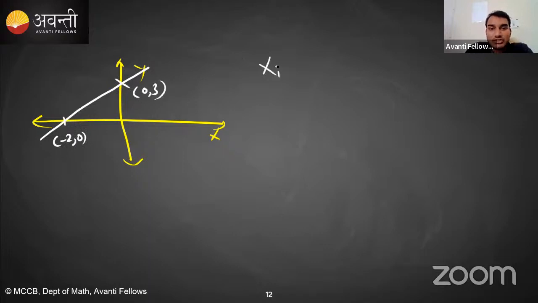So what is the x intercept, student? The x coordinate of the point of intersection of the line with the x axis, which is minus 2. So the x intercept is minus 2. The y intercept is the y coordinate of the point of intersection of my line with the y axis. So how much is it? 3. Clear?